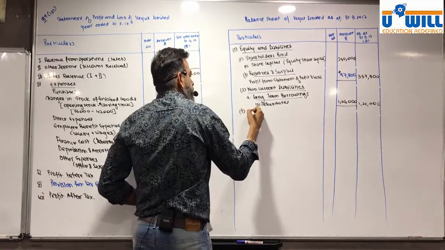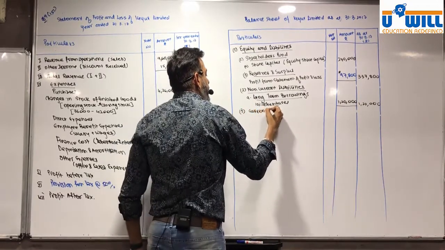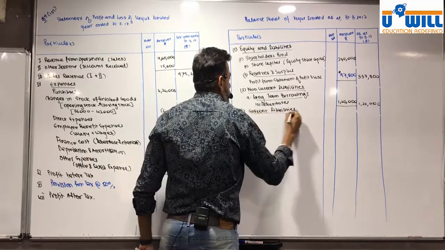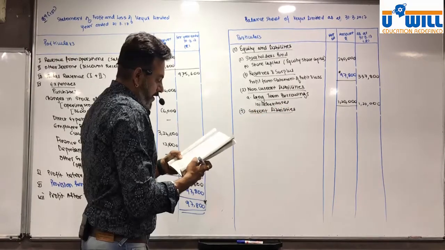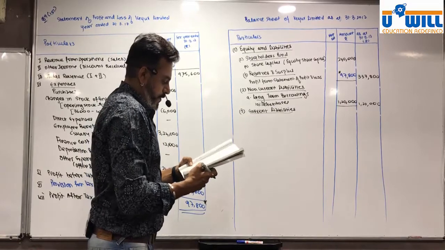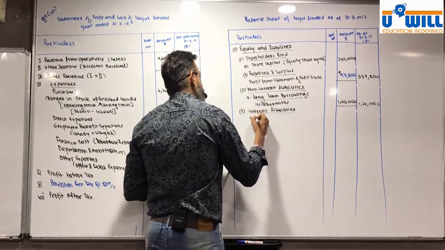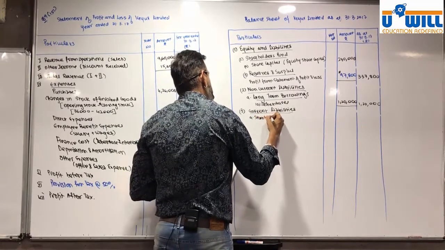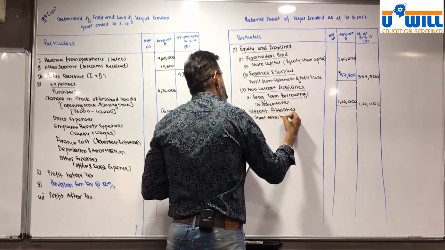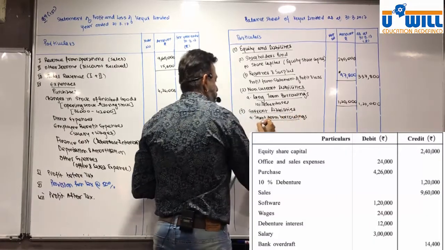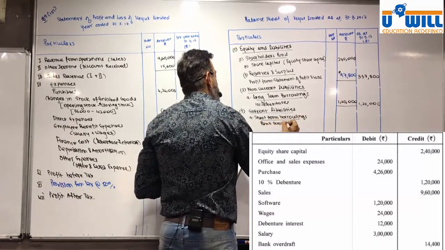Third, current liabilities. What do we have in current liability? Short-term borrowing. Bank overdraft.